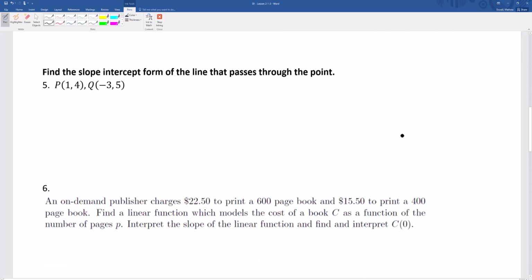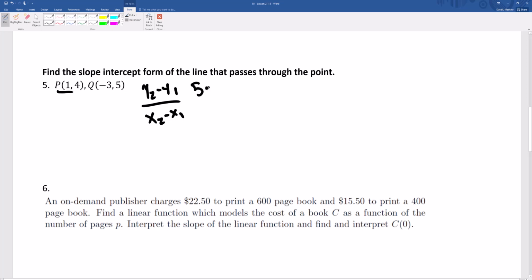For number 5, it says find the slope-intercept form that passes through these points. Okay, well, I need a point and a slope. I have a point, I can say this one. I don't have my slope yet. So how do I find the slope? Well, y2 minus y1 over x2 minus x1. We have to figure out that slope.